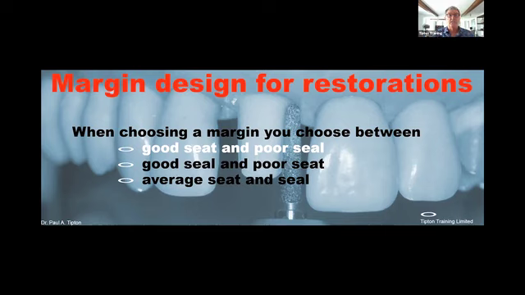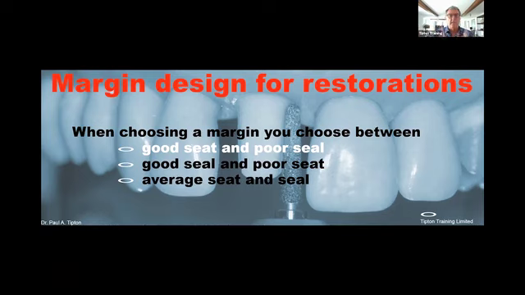So in those situations, you may decide to go for something that is a better seat, especially for somebody who maybe does not have a history of caries, where sealing isn't as important. So it may be that you go with a traditional chamfer, maybe that you go with a shoulder with a bevel, or a chamfer with a bevel that's a 30-degree bevel. Something is more towards the horizontal than the vertical, so we get good seating.